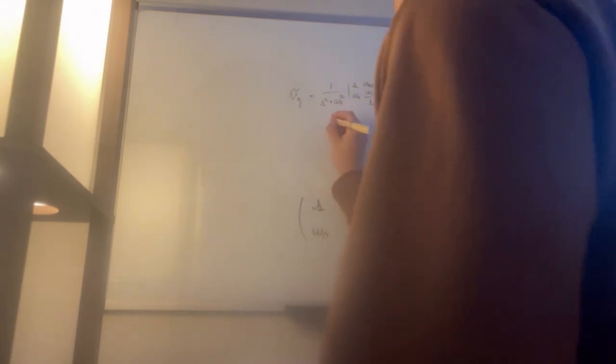So we get that Vy tilde is equivalent to 1 over s squared plus omega naught squared times the determinant of s and then omega naught and then Vx naught and then omega 1 over s, which is going to be equivalent to omega 1 s minus omega naught Vx naught over s squared plus omega naught squared.